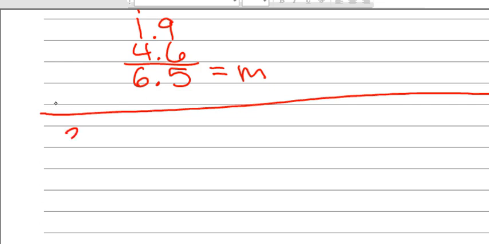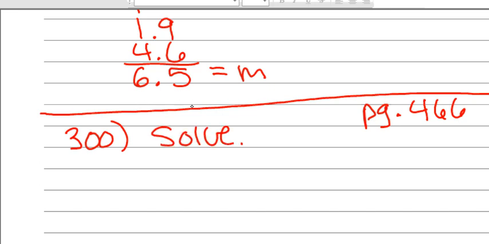Okay, I'm going to go to 300 on that same page, page 406. So again, I'm solving. y minus 0.6 is equal to negative 4.5.